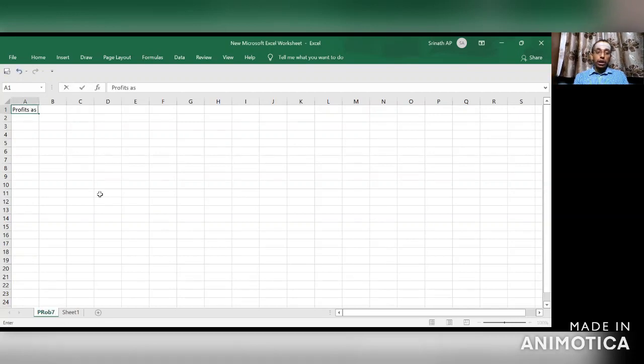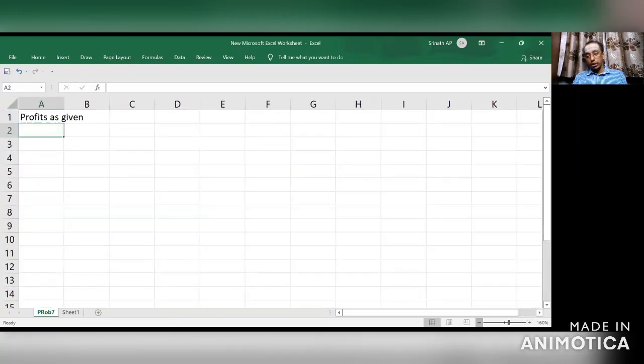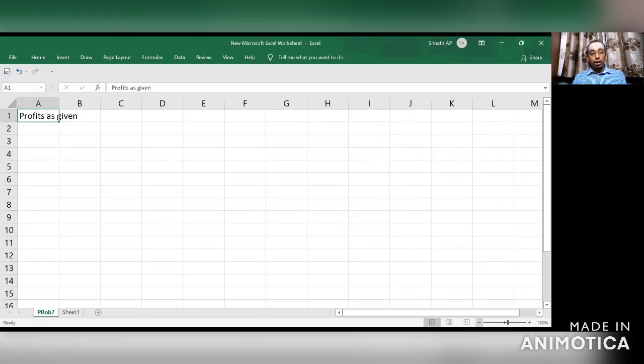Profit as given. The problem gives you a profit of 52,26,000.